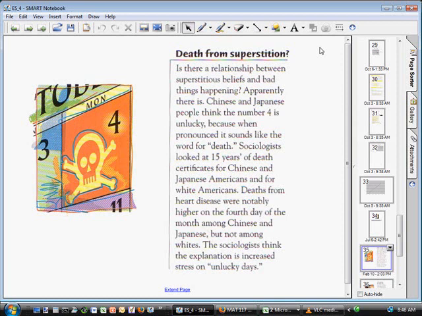Deaths from heart disease were notably higher on the 4th day of the month among Chinese and Japanese, but not among the whites. The sociologist thinks that the explanation is increased stress on unlucky days. So obviously the number 4 is not causing danger or death. But what do you think? You think if people are extra nervous about it, they might have a little more likelihood of having a problem?